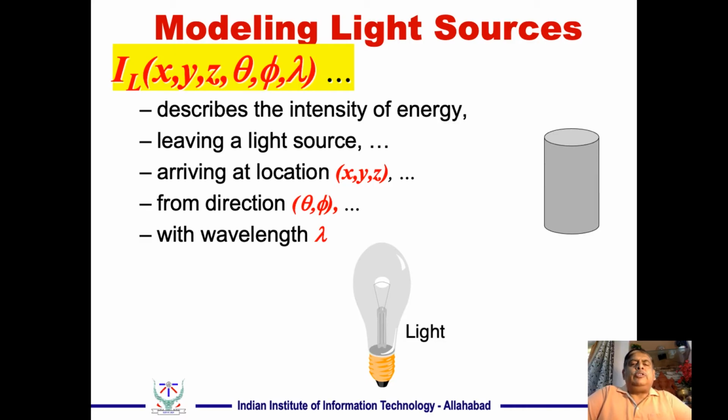The light source is at an angle of theta phi in the spherical coordinates from the point, while lambda is the wavelength of emission.